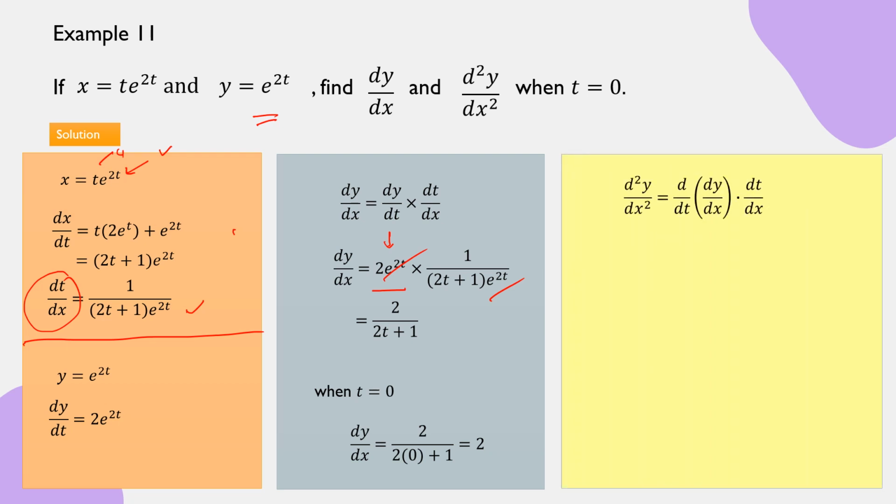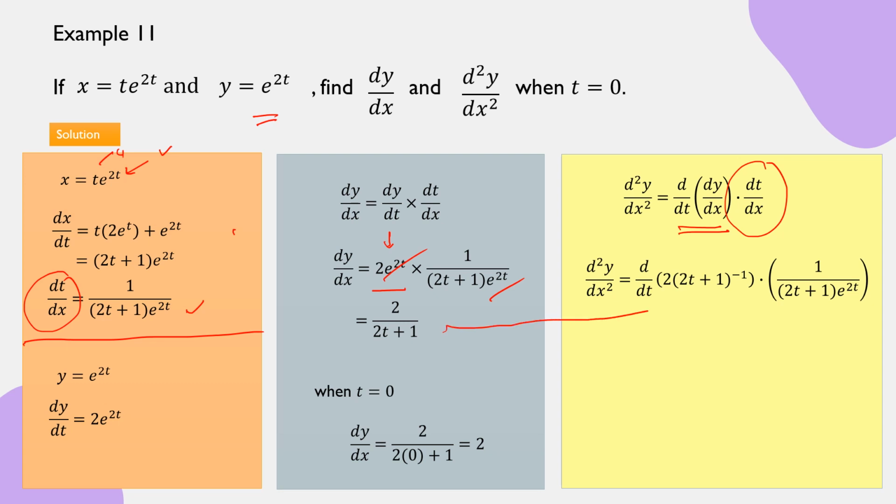Next, I'll find the second derivative. For the second derivative, differentiate dy/dx again in terms of t, and then multiply with dt/dx. This is dy/dx, so 2 over (2t + 1), I write as 2 times (2t + 1) to the power of negative 1.